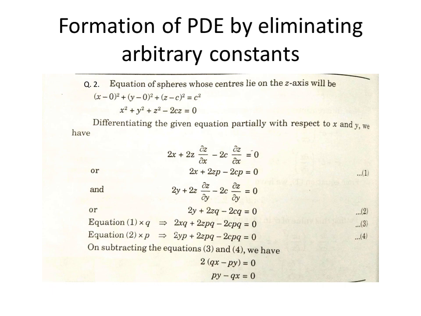By simplifying, the equation is written as x square plus y square plus z square minus 2cz equals 0, having only one arbitrary constant, say c.